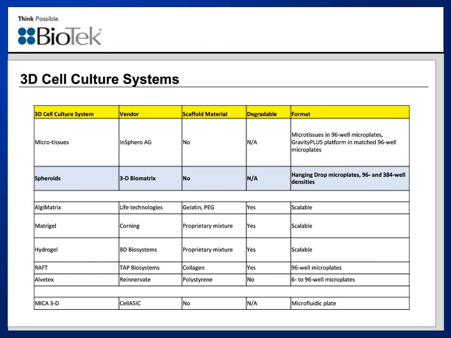Several rely on scaffolds, while others contain no matrix material whatsoever. The application I'll be discussing today, which is highlighted in gray here, is spheroid formation using hanging drop microplates from 3D Biomatrix, and this particular spheroid formation requires no scaffold material.